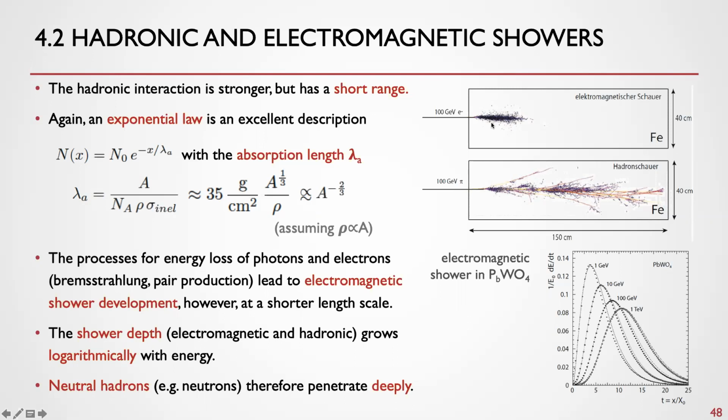traveling a long distance. The photon, as we've seen, will undergo pair production with a very high cross section. The neutral component in the shower, that's not only neutrons, there can be other neutral hadrons as well, leads to the picture shown at the bottom.